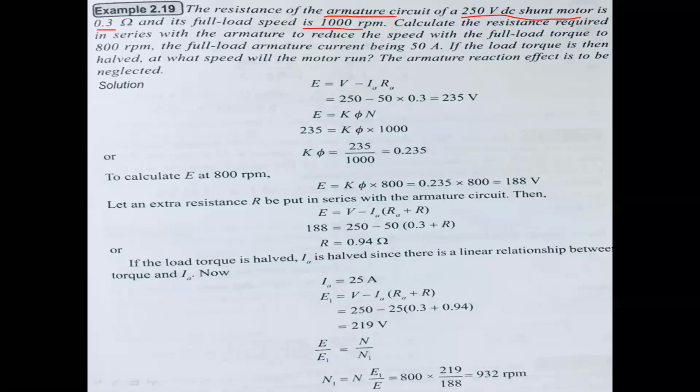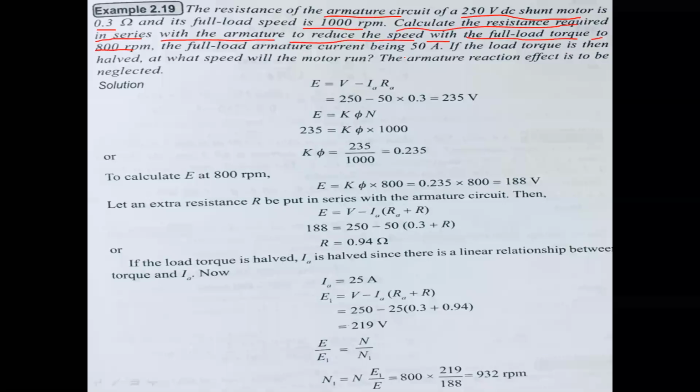Armature circuit voltage 250, resistance 0.3 ohms, full load speed 1000 rpm. Calculate the resistance required in series with the armature to reduce the speed with full load torque to 800 rpm.